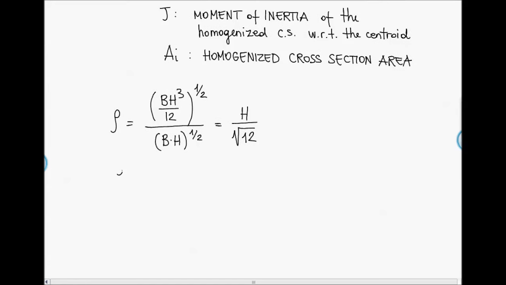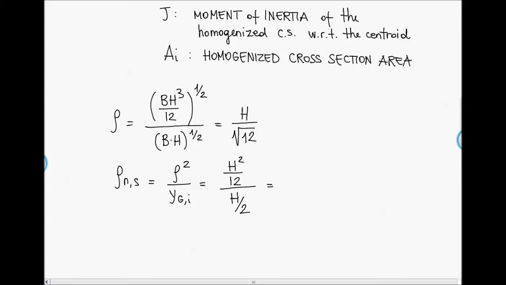We can calculate ρns, that is ρ squared over ygi. So we have h squared over 12 over ygi, which is half of the height of the cross-section, since the centroid G is centered.